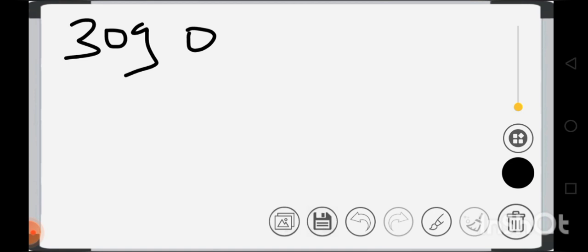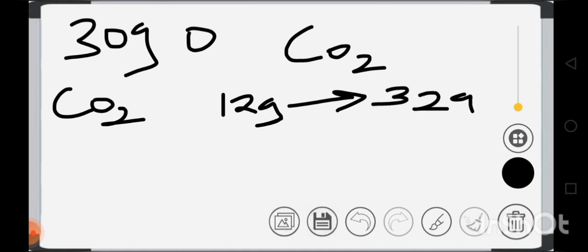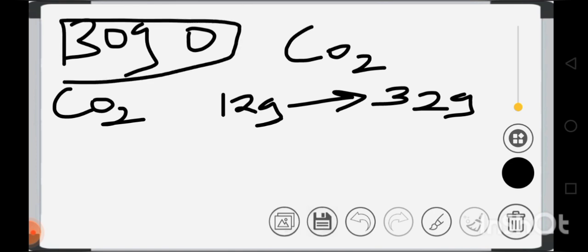Now, what it said basically is that in CO2, carbon dioxide, if I'm having 12 grams of carbon, that is equivalent to 32 grams of what? Oxygen. Now in this case, if I have 30 grams of oxygen, how many grams of carbon will be present? Let X grams be the carbon, and for oxygen we have 30 grams.